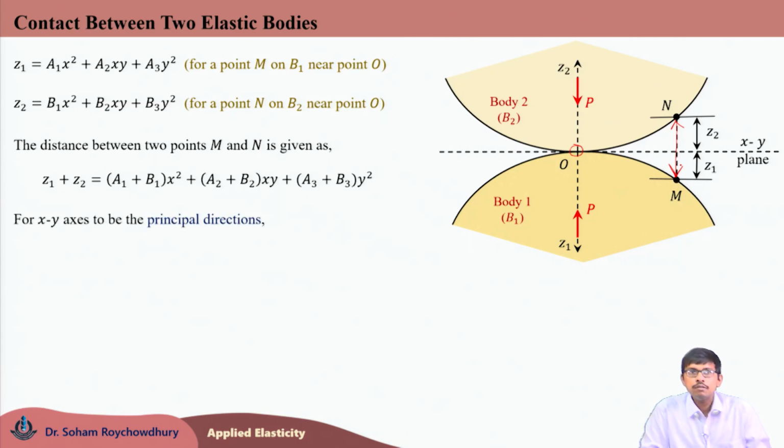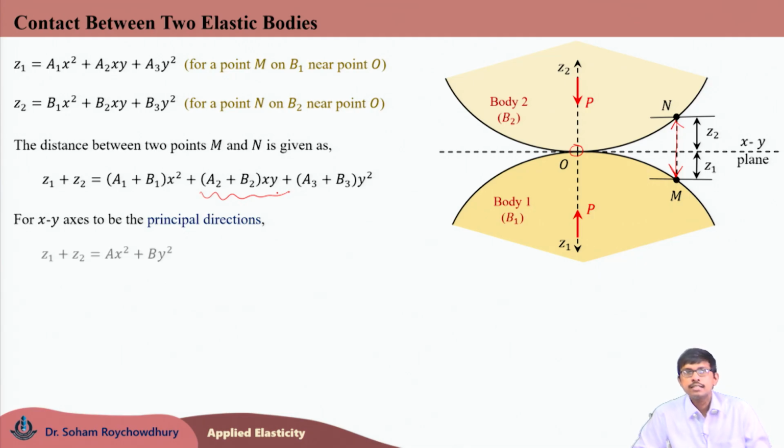We can always choose xy axis along the principal direction, so that this mixed term xy term A2 plus B2 term is set to 0. So, A1, B1, A2, B2, A3, B3 are some constants which depend on the curvature of the bodies coming in contact around point O.